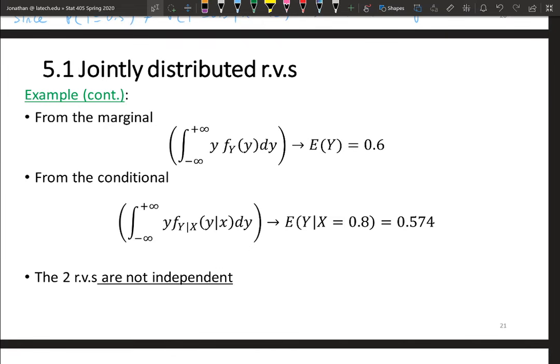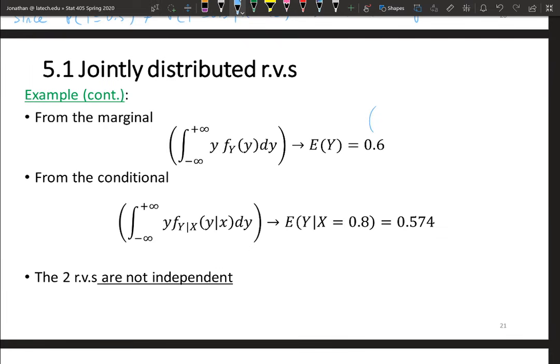All right, so if we were to calculate the marginal, the expected value of y just by itself, normally we expect to use the walk-up service 0.6, or let's see, that'd be 4.8 hours out of the day.